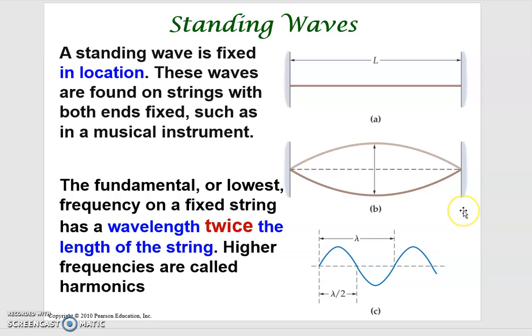And why do I say this is the longest wavelength you can produce? So now we have to use figure C to help you refresh your memory. How do we define one wavelength? It is from the point of the wave which repeats itself. So this is one wavelength.